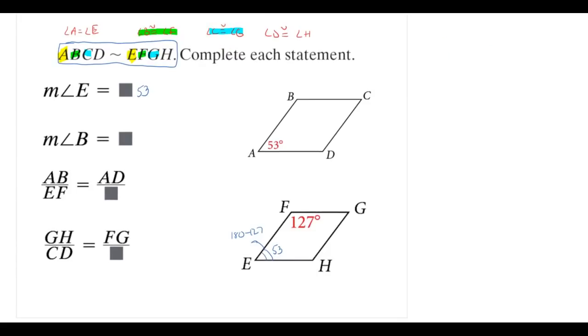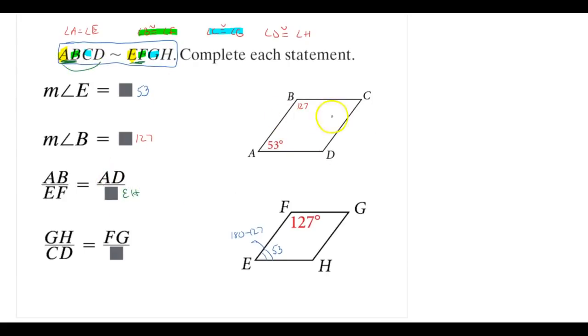Okay, now, right away that tells me angle B is going to be congruent to angle F, which is 127 degrees. Now the similarity statement also tells me the corresponding sides. AB goes with EF, then AD will go with EH.